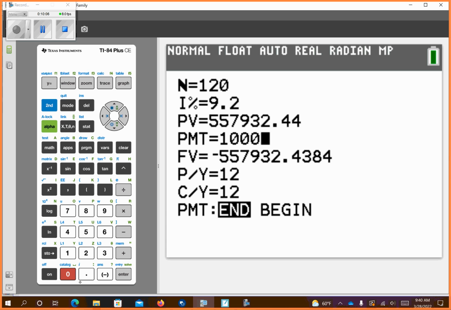So now you no longer have a mortgage payment. So we're upping this to $1,000 a month. And let's see where we're going to get to. Alpha, enter. So that got us up to $1,590,828.40. And that's at age 60.